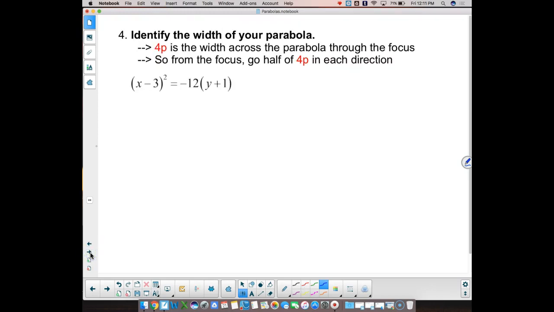Next thing, we're going to identify the width of our parabola. So this number here is 4p. That is my width of the parabola through the focus. So my parabola is 12 units wide through the focus.